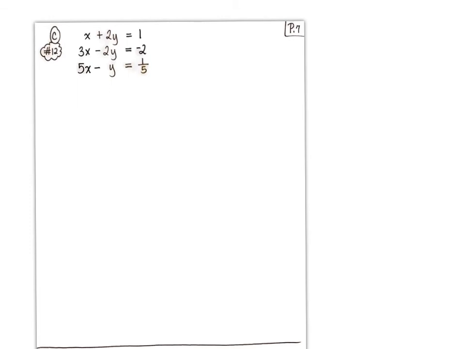So we have this given system of equations. Now we want to solve it using the Gauss-Jordan method. So going about doing this, what's our augmented matrix? Not everybody at once. Thank you. Go ahead.